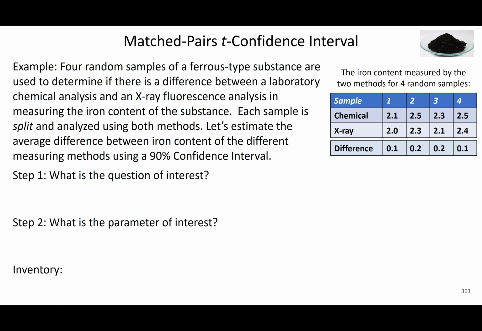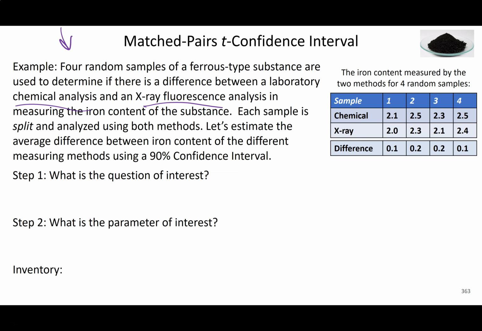Okay. So here we're going to still focus on this iron detection example. So we have 4 samples of, let me see, ferrous type substance. They split each of these 4 samples up, and they test it with the X-ray fluorescence and the chemical analysis.